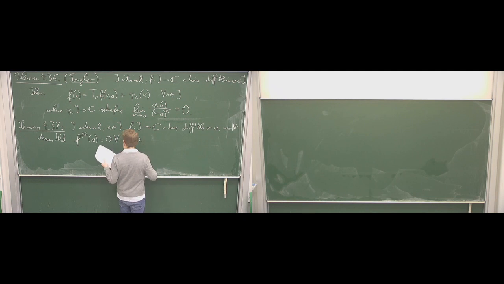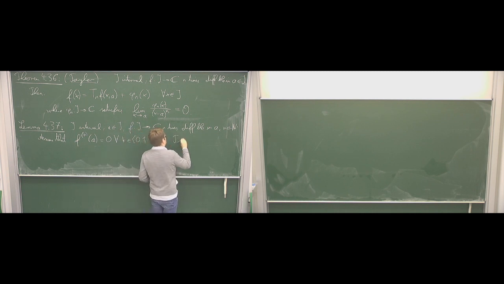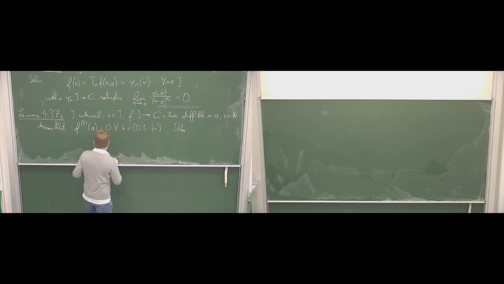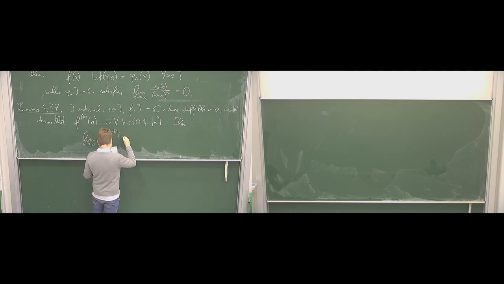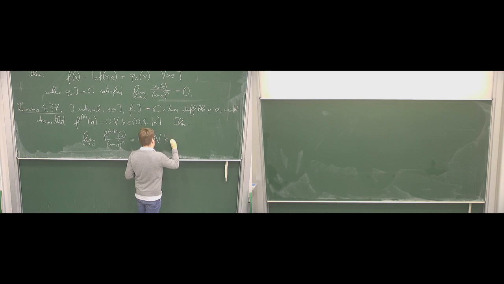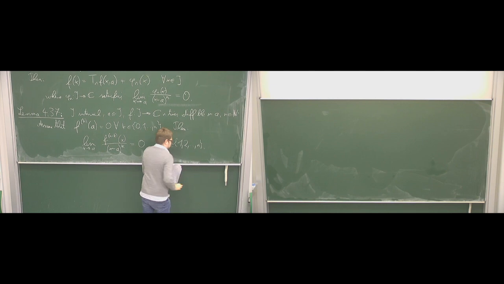So yeah, the function itself is 0 and the derivatives in the point a. Then we get the following equation. The limit of x going to a of the (n minus k)th derivative of f at x divided by (x minus a) to the power of k is 0 for all k between 1 and n. Okay, so let's first focus on this and let's prove this lemma.